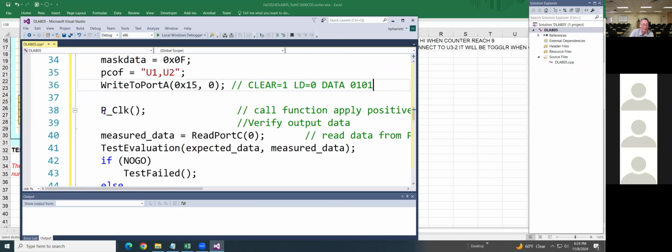Then you apply the clock. It shouldn't be 0x05. Yeah, that's what I was wondering. It's not 15.